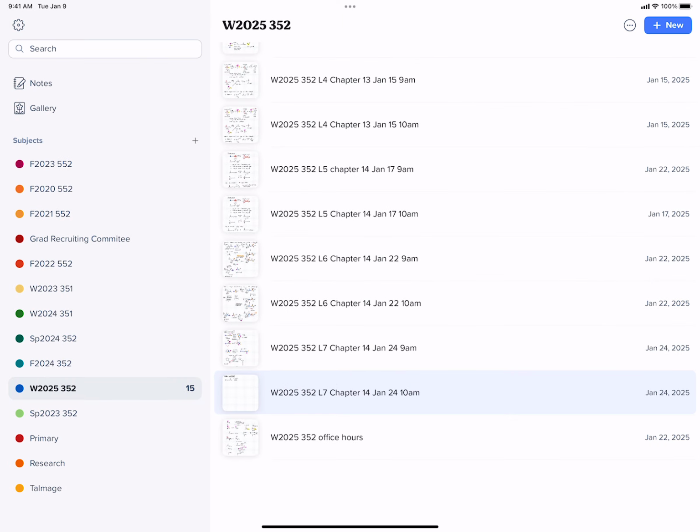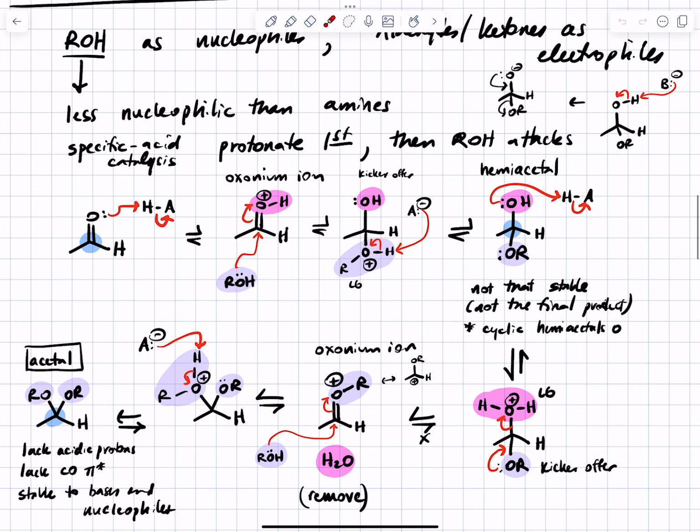In regular acetal formation, when you're making the hemiacetal, the alcohol has to find the carbonyl molecule. They're not attached to each other, and it takes a while for molecules to swim around and find each other in solution.